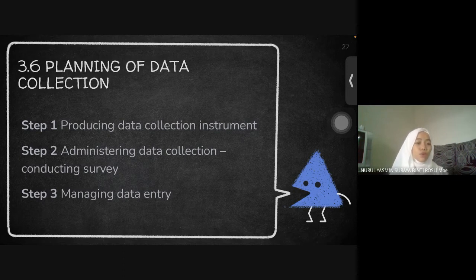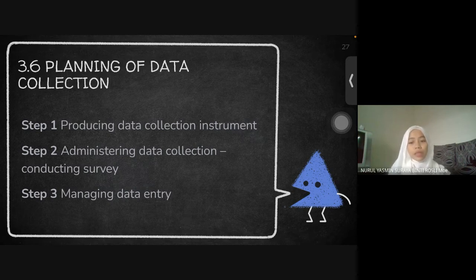Right, for step 2, administering data collection, conducting a survey, the questionnaire will be distributed to the sample participants through Google Form, and they will answer the questionnaire online.